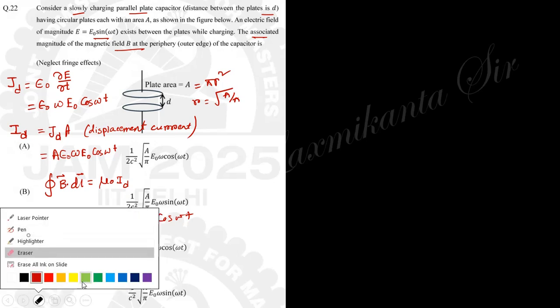Here area is nothing but pi r square, so r is root under A by pi. Putting this in, this gives you A epsilon naught mu naught. Epsilon naught mu naught is nothing but 1 by c square. So this is omega E naught A divided by 2 c square pi times root under A by pi, times cos omega t.